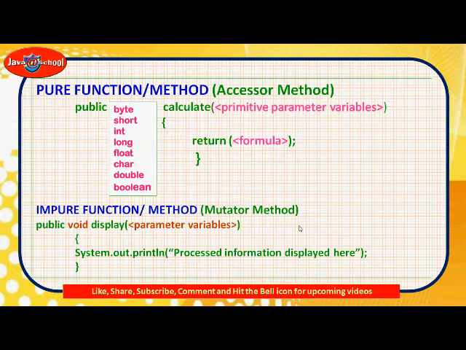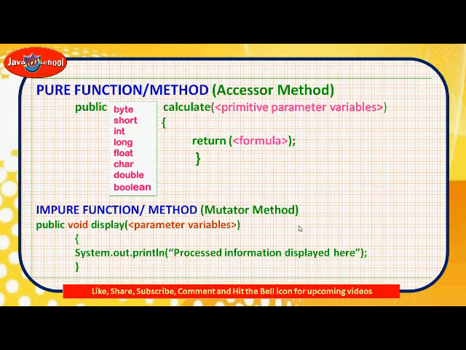Inside the bracket you can see the parameter list, variables that will take the value from outside and use it inside the function. In place of formula, a formula is to be placed, calculation will take place, and the answer is returned back to the caller. But the answer should be according to the data type that is given in the function declaration. Okay, function definition.